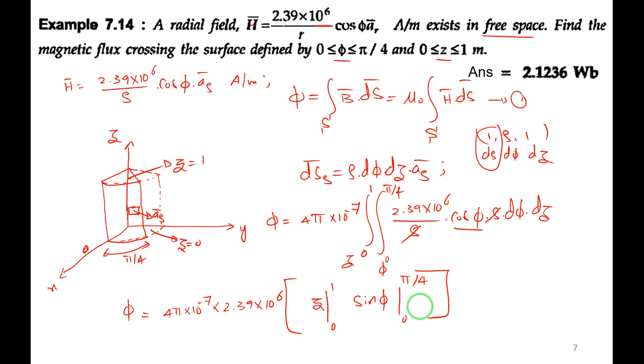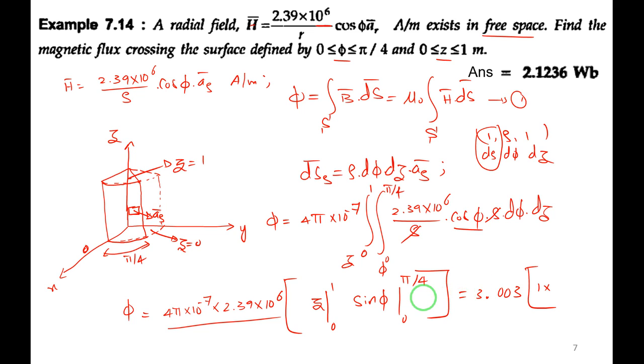So 4 into pi into 10 to the power of minus 7 into 2.39 into 10 to the power of 6, I'm getting it as 3.003, into the bracket. Next, upper limit minus lower limit: I am getting 1 into sine of pi by 4 minus sine 0, which is 0.